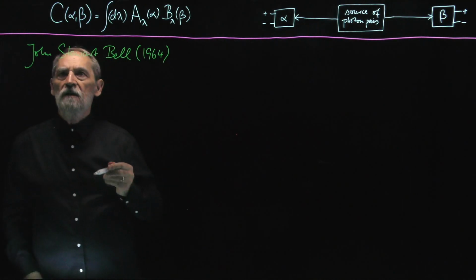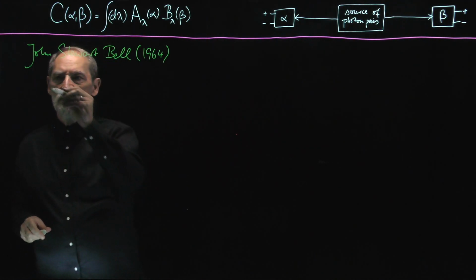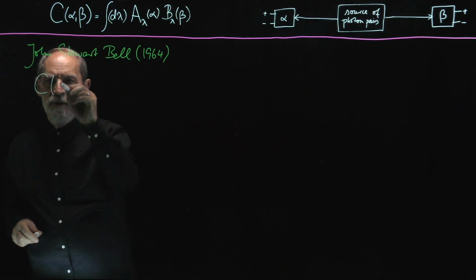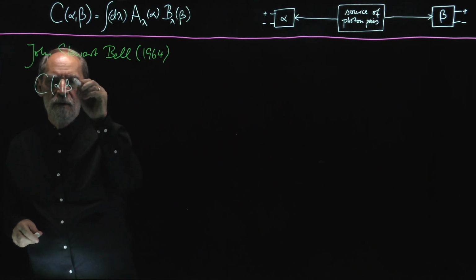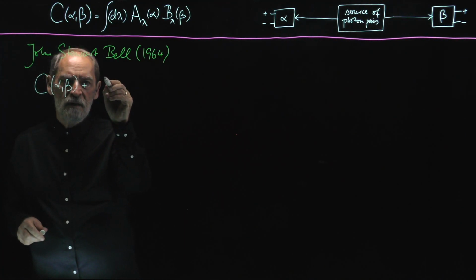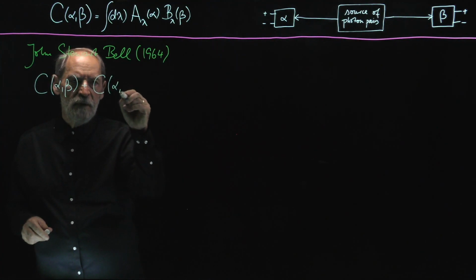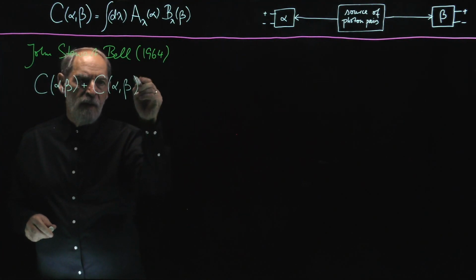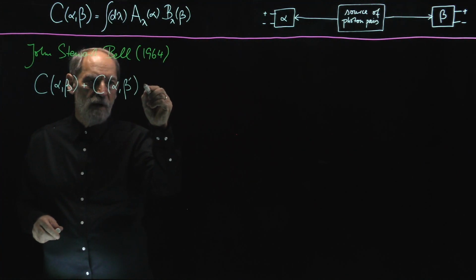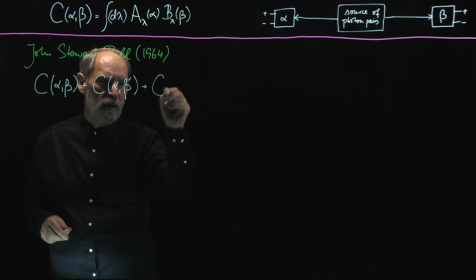And it considers not just one such correlation, but a combination of 4, where we have settings alpha and beta combined with settings alpha prime and beta prime in the following way.